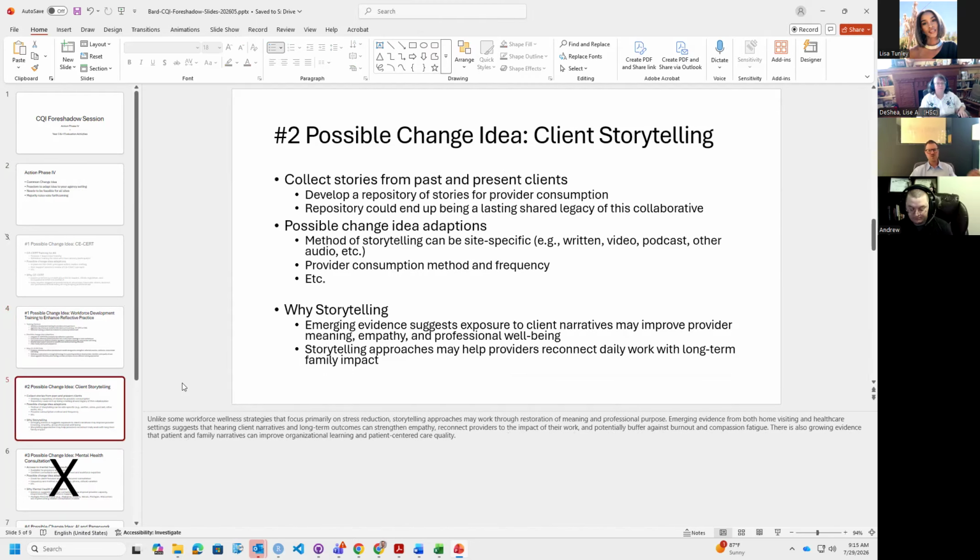Option 2 also stays, and it is the storytelling idea. You know by now that we are fascinated with this idea of capturing stories in unique ways and relaying those back to your workforce, and then studying what impact that might have on broadly workforce morale and workforce well-being. So again, lots of room for innovation here.